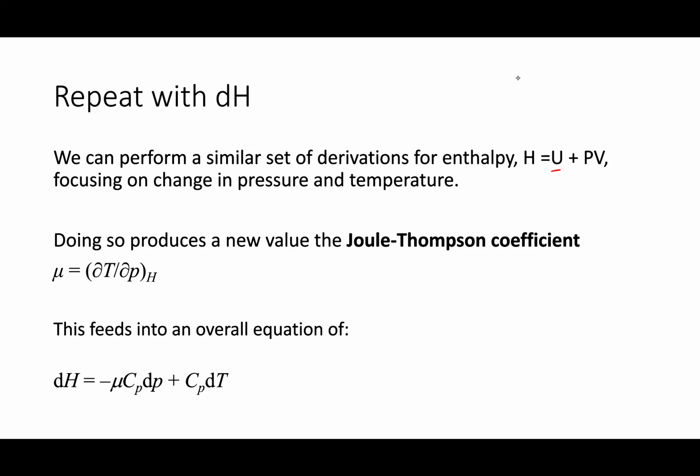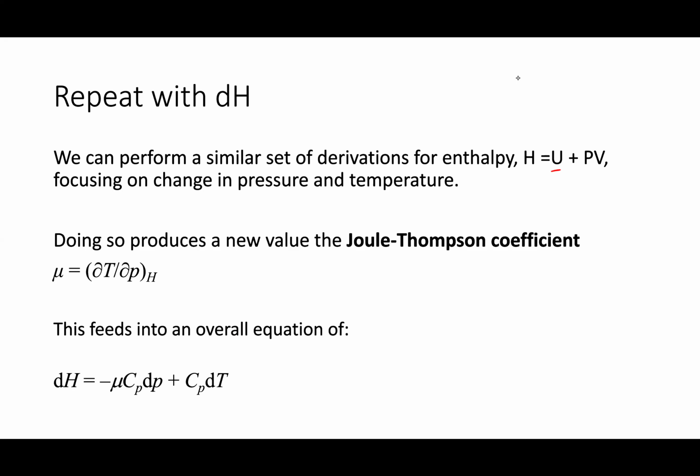Eventually this will feed into an overall equation that dH is equal to minus mu times Cp dP plus Cp dT. Very complicated, and this is the variation of enthalpy with pressure and temperature.